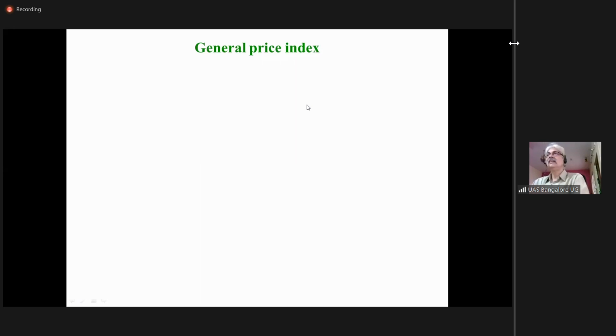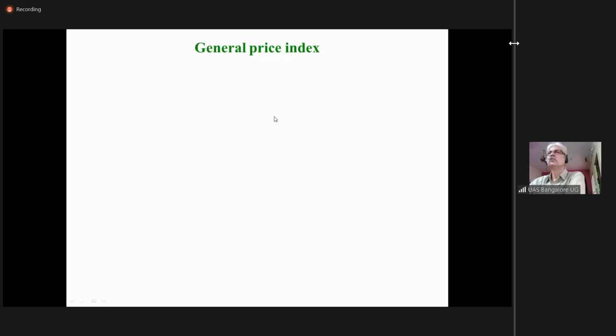Then in the subsequent years, how the index number changes. Suppose base year was 2018, 2019 it became 104. Then there is 4% inflation. Okay, this is how they do it. Not as simple as I explained, but this is the basics.